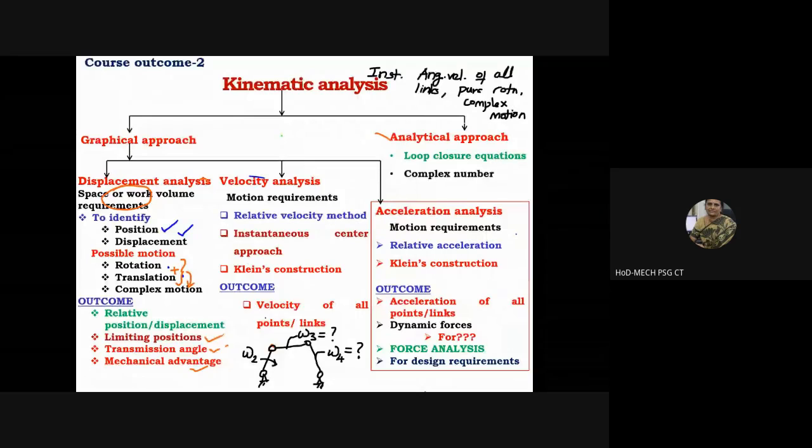Additionally, you will also be able to find out the velocity of any point on any of the links of the mechanism. For example, if I wish to know the velocity of this point, yes, it's possible. Name any point on this link or any other link for that matter, you will be able to find out the velocity of that point. So when it comes to velocities of points, it will be linear velocity.